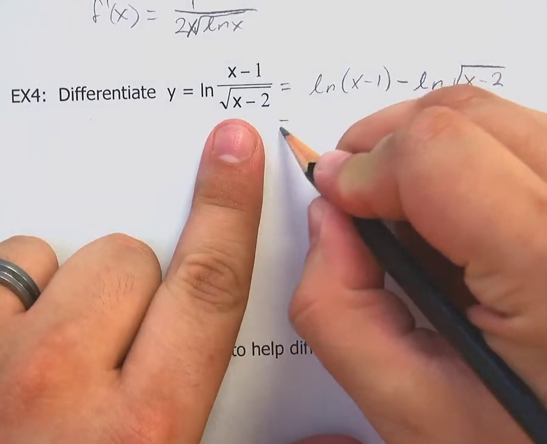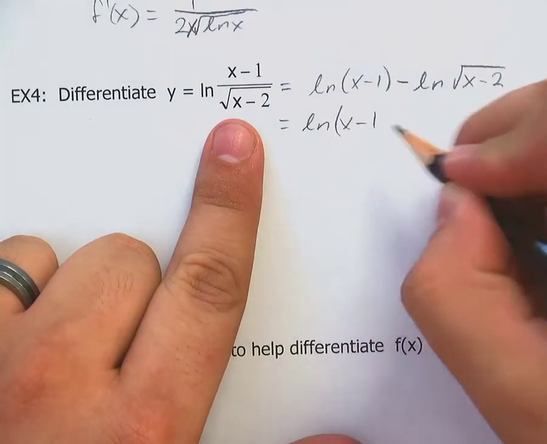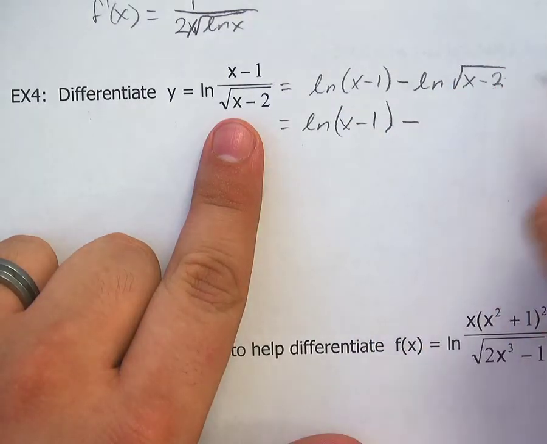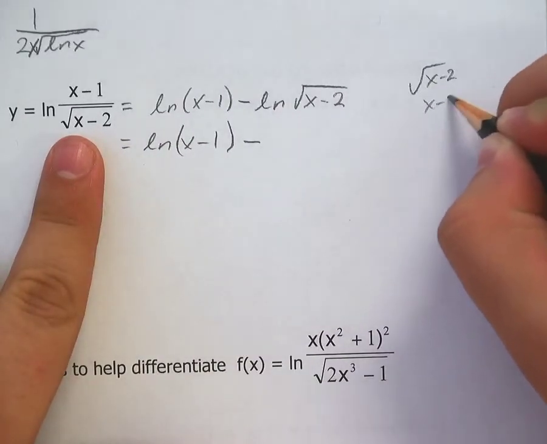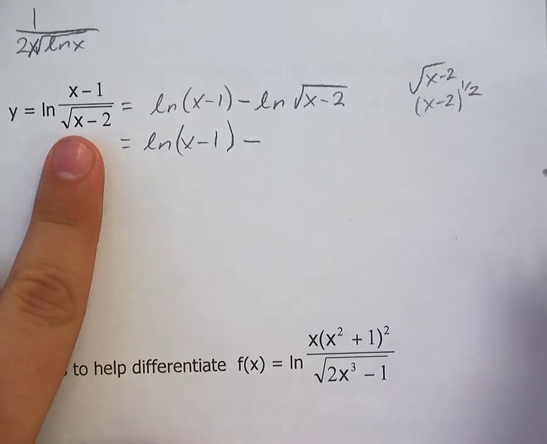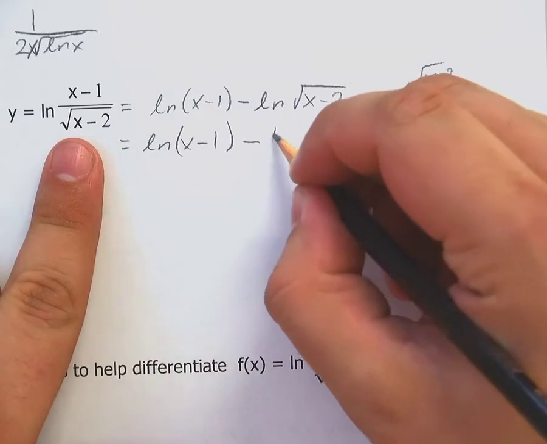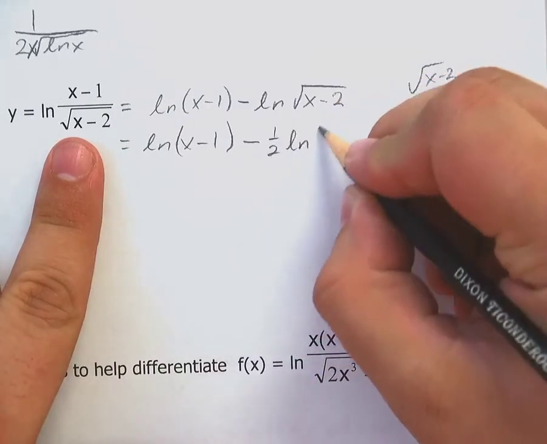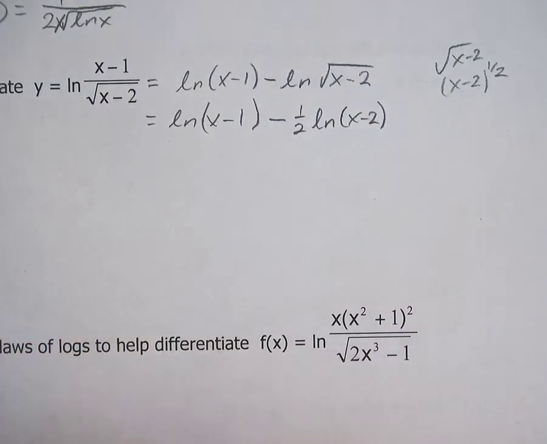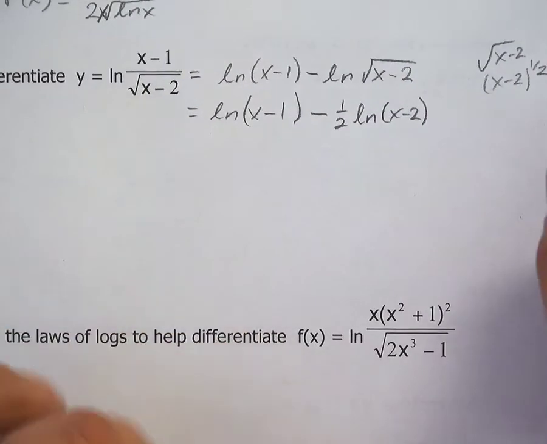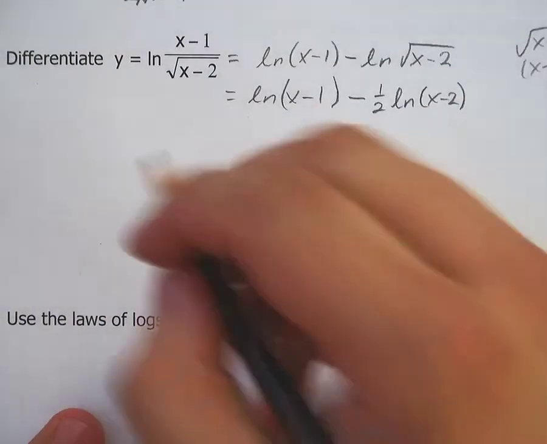Now the square root of x minus 2 is x minus 2 to the 1/2 power. And you can actually drop that 1/2 down now, right? So we have 1/2 natural log of x minus 2. So using just a little bit of your laws for logarithms, you can simplify that out. And then it's a piece of cake.